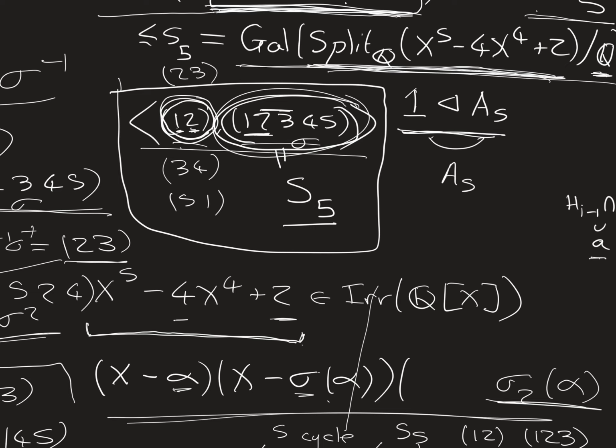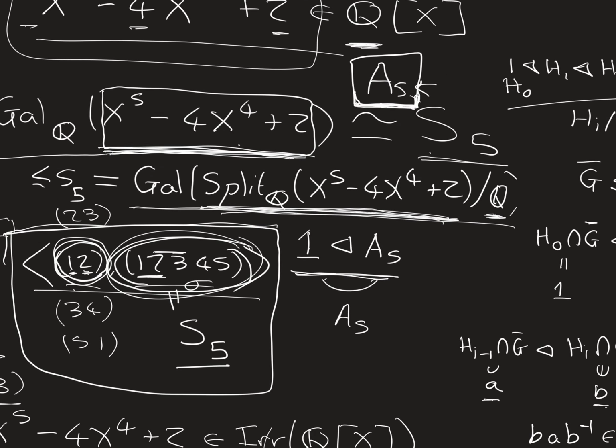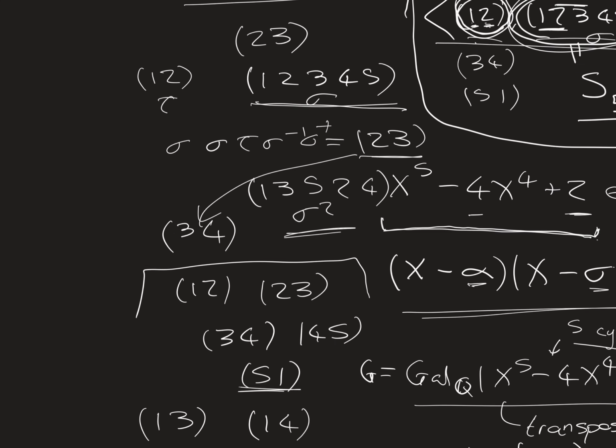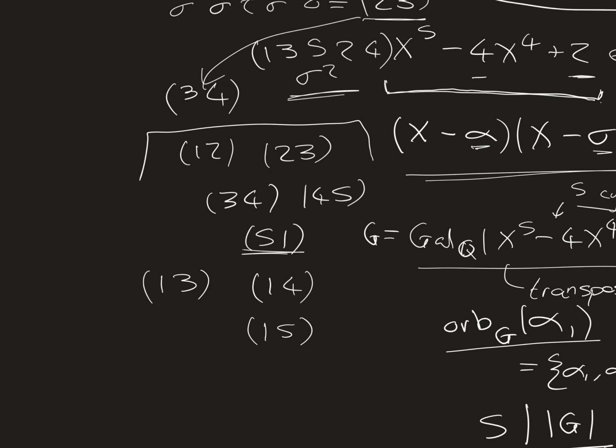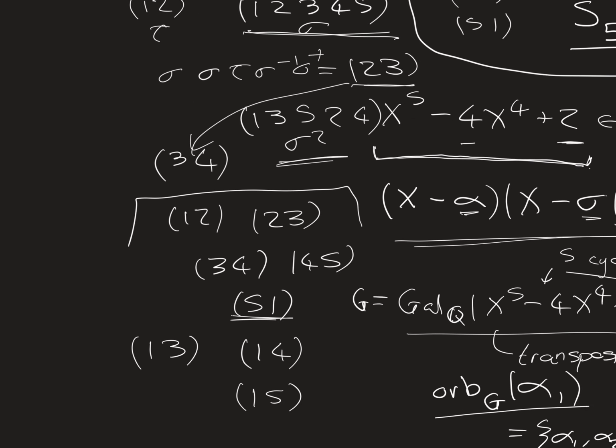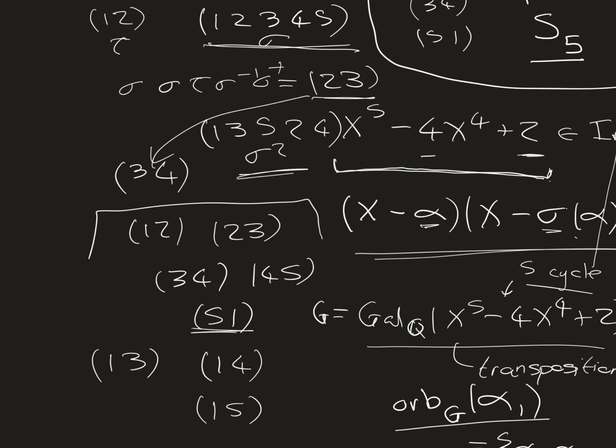But if you don't want to think through that for yourself, you can just accept this as an accepted fact in group theory that has been proven very well, that once you have a transposition and a 5 cycle, that immediately forces it to be the entirety of S5. Okay, but obviously we're mathematicians, so we want to understand everything. So think through this for yourself and work out why this works, why you can get every single transposition here.